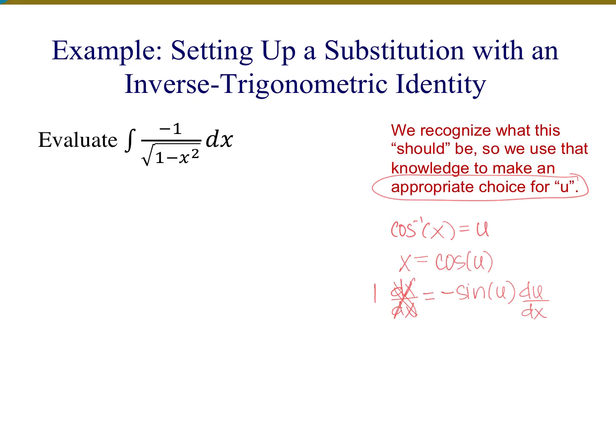And then I want you to get dx alone, like we have been. So getting dx alone means dx is equal to the negative sine of u du. Did you track with me on that so far? I just got the dx alone by multiplying it to the other side.